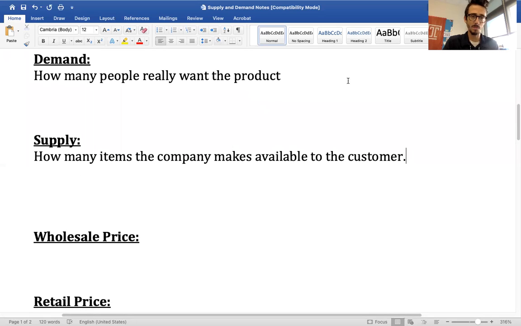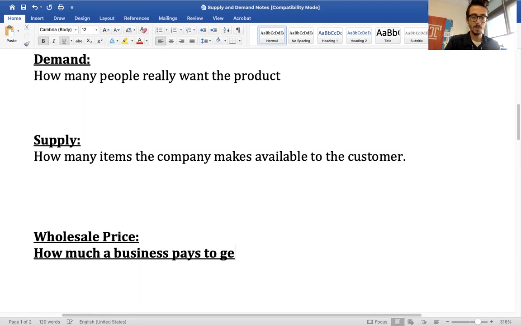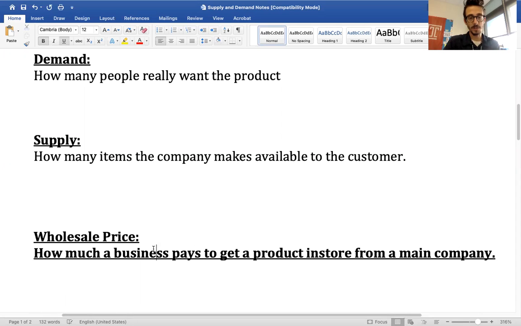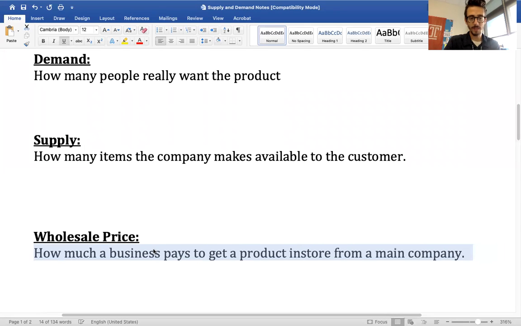Speaking of the audience, not every item just ends up at a place. Sometimes you have to buy it from somewhere else. So the wholesale price is how much a business pays to get a product in store from a main company. So for example, GameStop, everyone loves GameStop, especially after the stocks that went crazy with that.